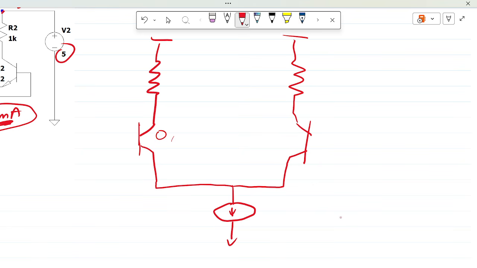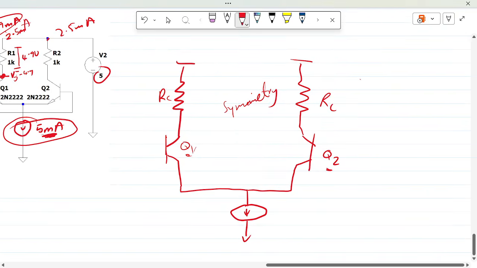Okay, so this is Q1 and Q2. I might also lay emphasis on symmetry. So we expect the RCs to be the same and the two Qs to be the same, and that's how to best construct a differential amplifier.